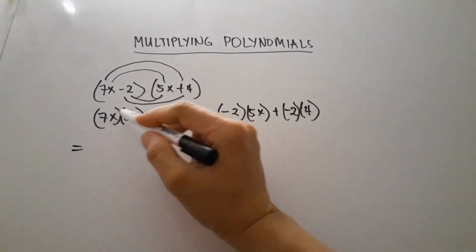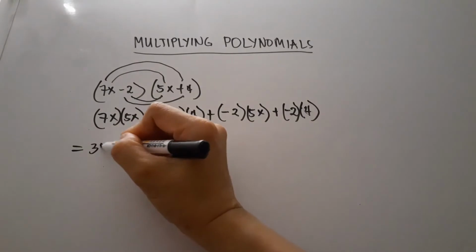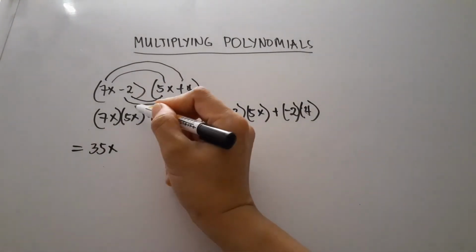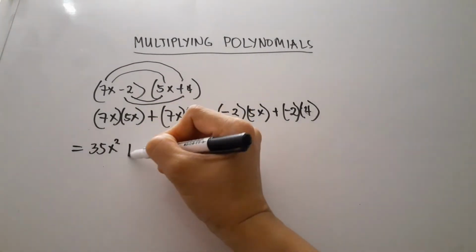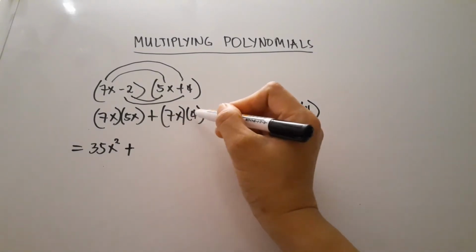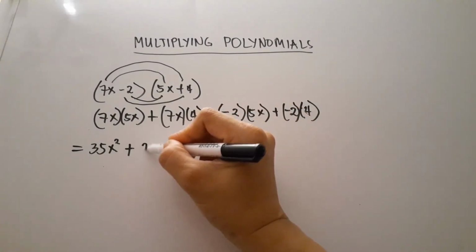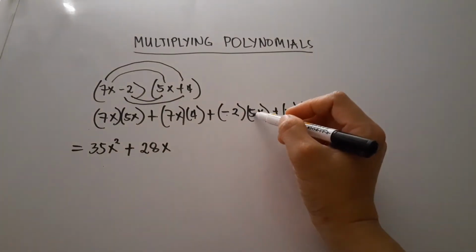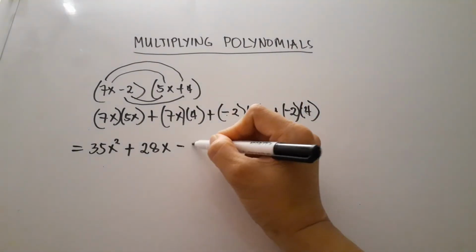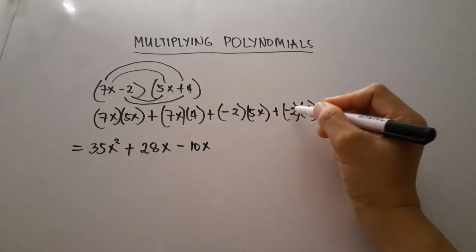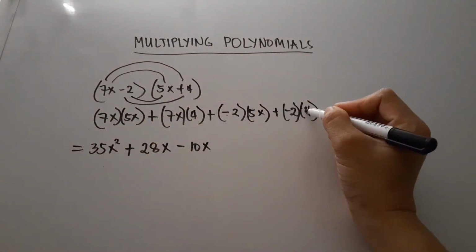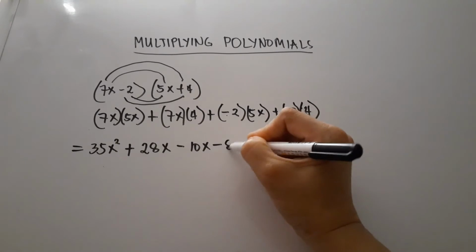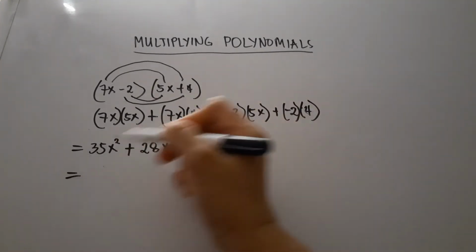So let's have the computation. 7x times 5x becomes 35x squared. Remember the laws of exponent. Then 7x times 4 becomes 28x, plus negative 2 times 5x becomes negative 10x, plus negative 2 times 4 becomes negative 8.